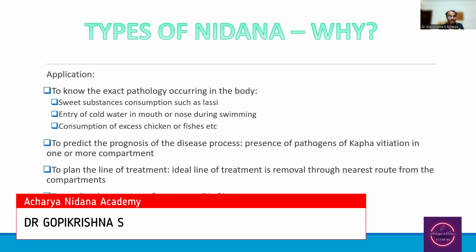For example, if the person has the entry of the pathogen through the oral cavity, then immediately you are going to get the manifestations in the alimentary canal itself. But the clinical manifestation may be a little delayed when you consider the skin or the intracellular compartment.